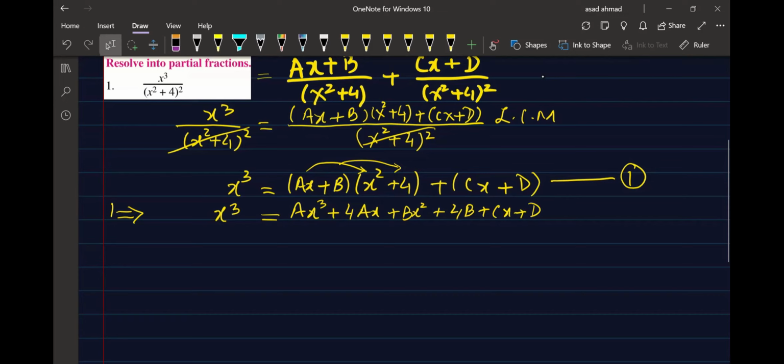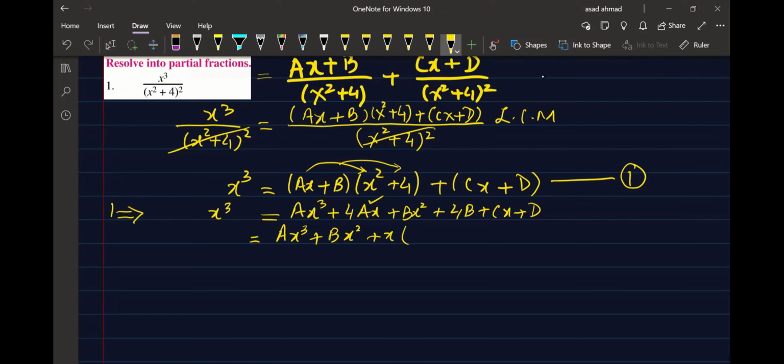Now, once we compare the terms on the left hand side and the right hand side, we need to write the terms in order: terms involving x cube first, then terms involving x square, then terms involving x only.